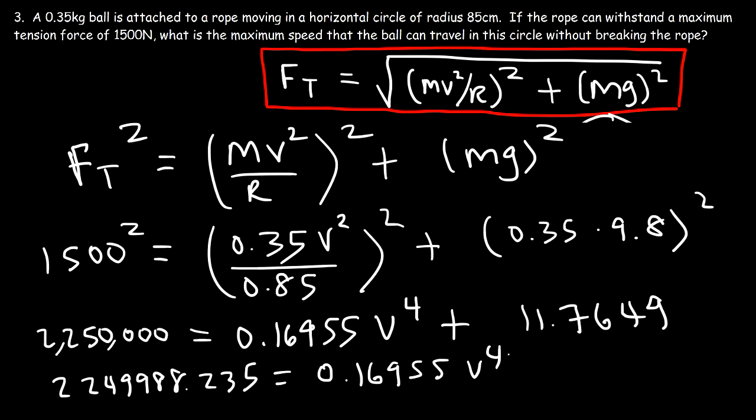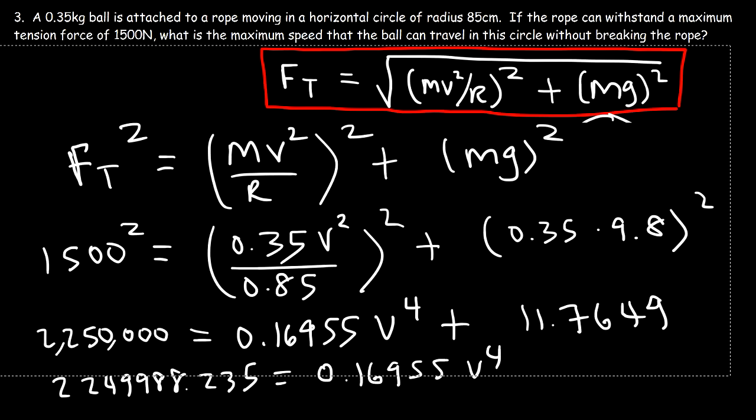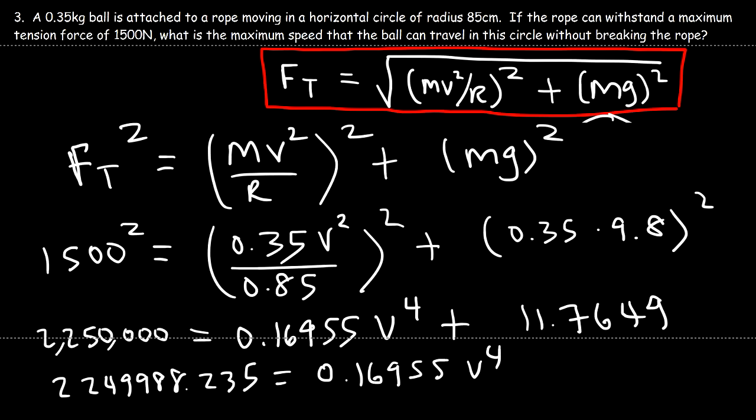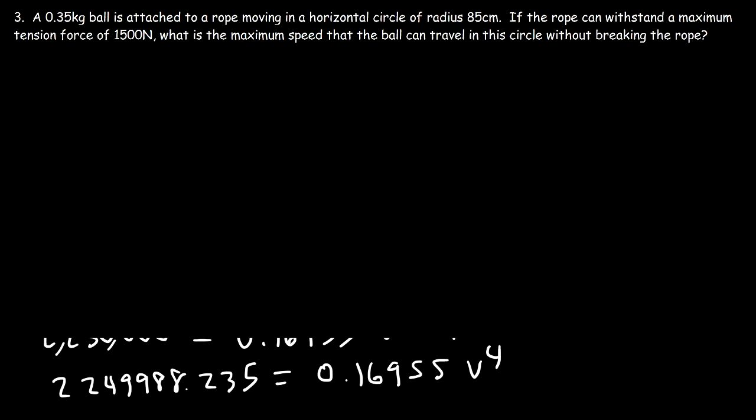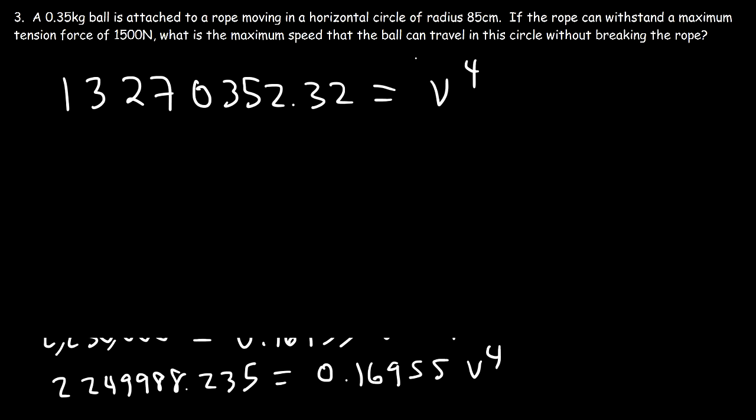So now let's divide both sides by 0.16955. So you should have 13,270,352.32 is equal to v to the fourth.